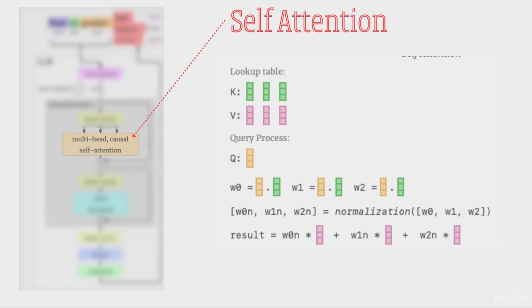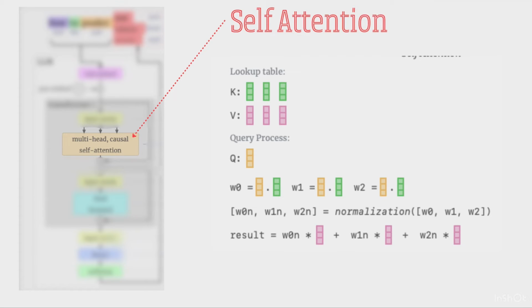So now, in the case of self-attention, instead of returning a single entry, we return some weighted combination of the entries. So we have weight 0, weight 1, weight 2. To find the weighting, we take a dot product between the Q vector and each of the key vectors.